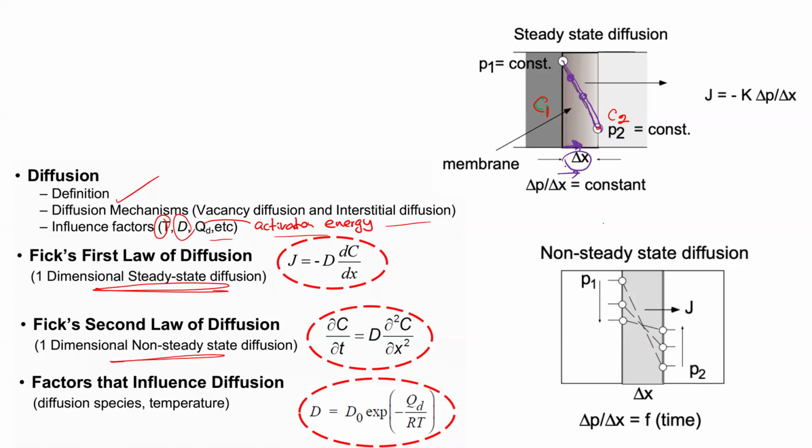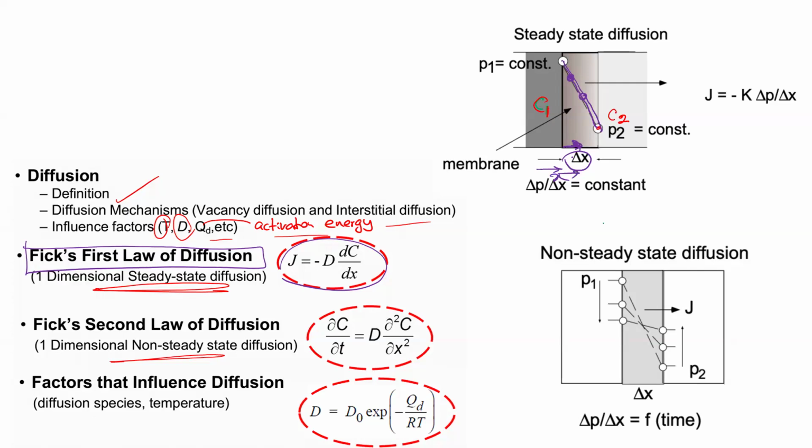For steady state diffusion, we can apply Fick's first law of diffusion, and that equation is this one: J equals negative D dC over dx. Here, J is the flux, D is the diffusion coefficient, C is concentration, and x is the distance measured from a certain point. When we do a question, you will understand more about these terms.